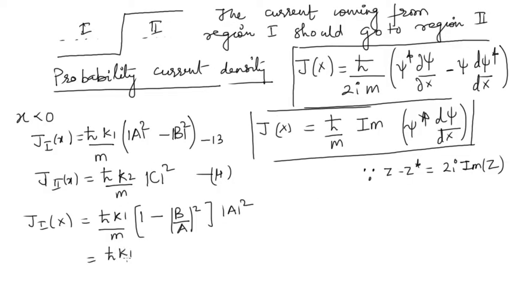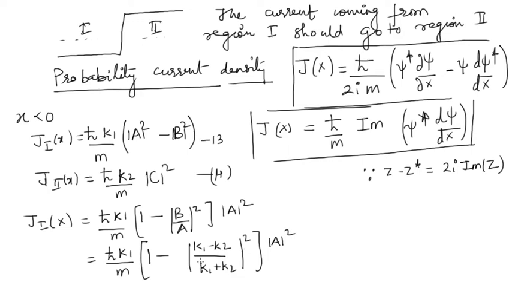If I substitute, what do I get? h cross k1 upon m times 1 minus (k1 minus k2 upon k1 plus k2) whole square, times mod a square.